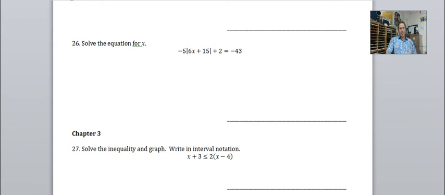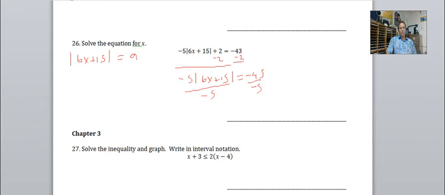Same thing here, I want to get this absolute value all by itself, so you need to subtract the 2 from both sides. Negative 5 times the absolute value of 6x plus 15 equals negative 45. And then again, I don't want to distribute, I want to divide by negative 5. That's how we get the absolute value of 6x plus 15 equals positive 9.